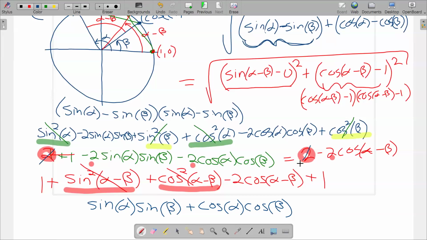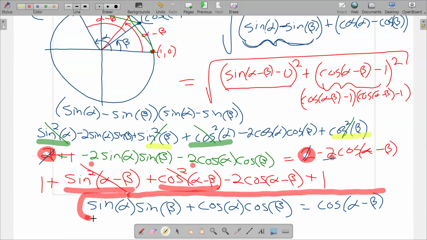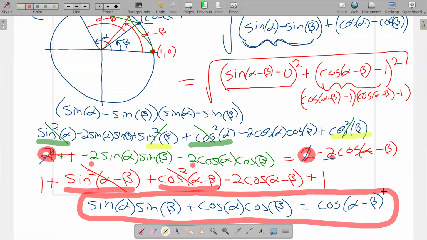These 2's get subtracted away, divided by that -2, so this is now equal to the cosine of alpha minus beta. And that crazy geometry gives us a very powerful formula here for playing around with sines and cosines.